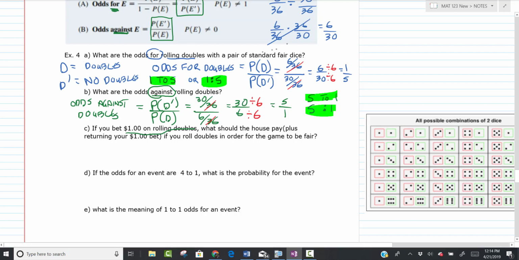The idea basically is, since the odds for doubles is 1 to 5, it means that the payout on a $1 bet should be $5.